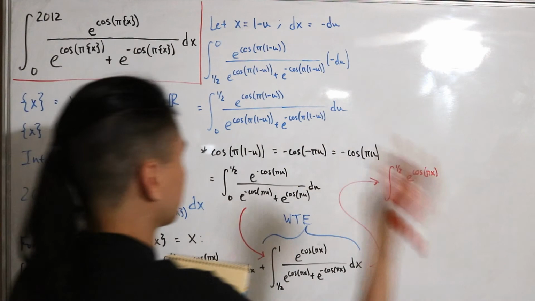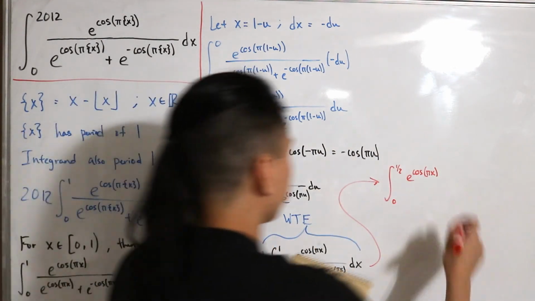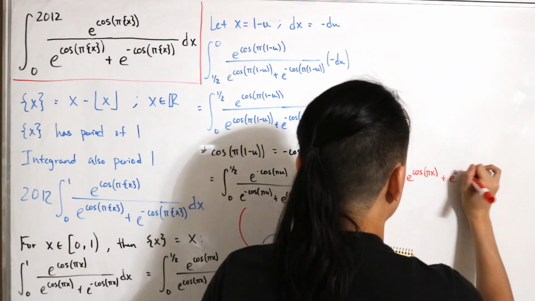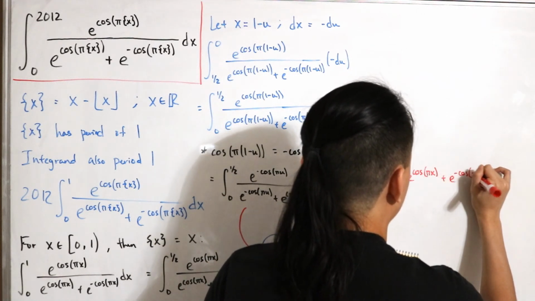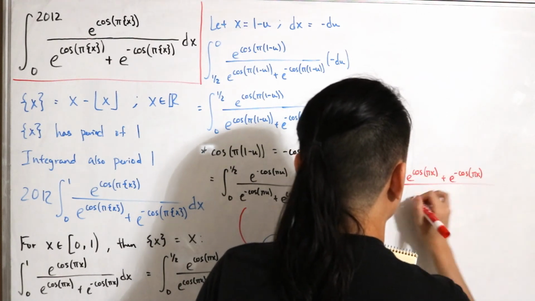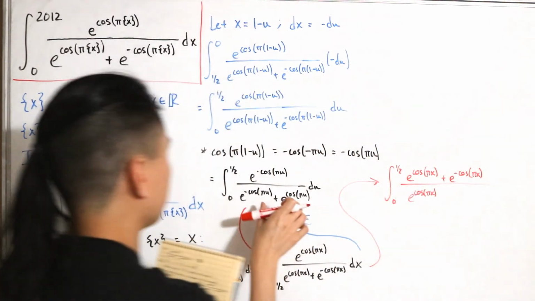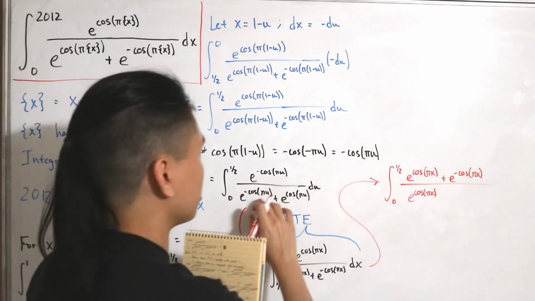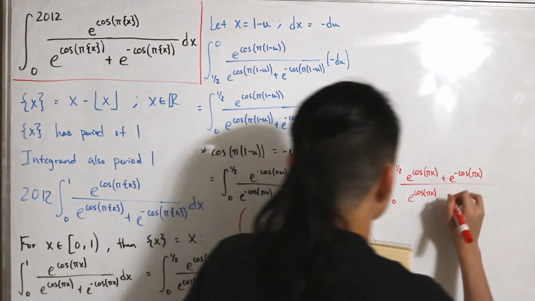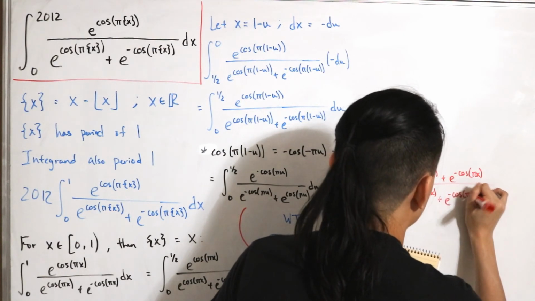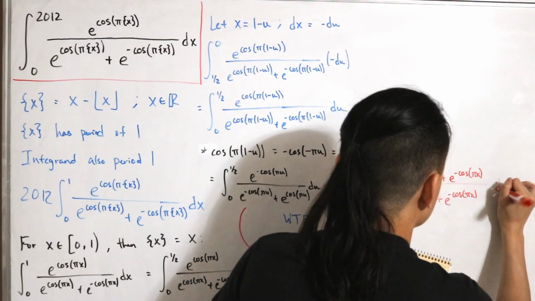So this is the same thing, but with a different variable, going back to the world of x. Add this with e to the negative cosine of pi times x, all divided by e to the power cosine of pi x, which is different, but this is addition, so it's commutative, so it's okay. Then add this with e to the negative cosine of pi x, and then dx.